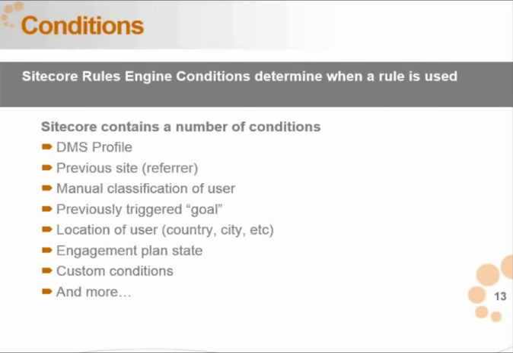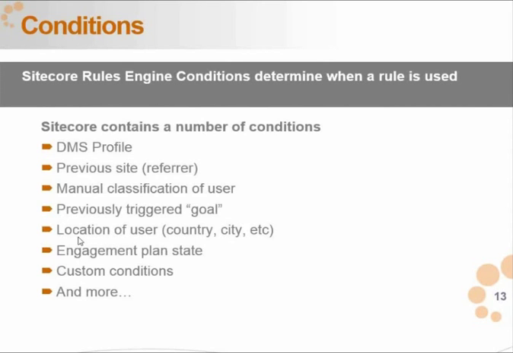Or if they download a white paper or something, put them into another goal. Or if they subscribe for a newsletter, put them in another goal. So once we know that they completed the goal, we can change the website differently. For example, if you have the link to download a white paper on the right column, if they downloaded it already, it's kind of redundant to show it again. So you can swap or change the data source to be something else, maybe another white paper, or change the press release or something.